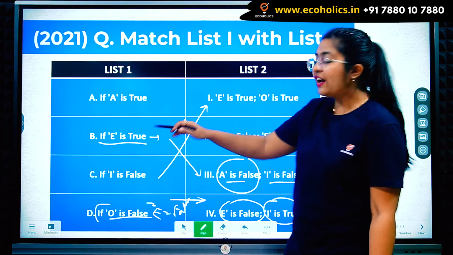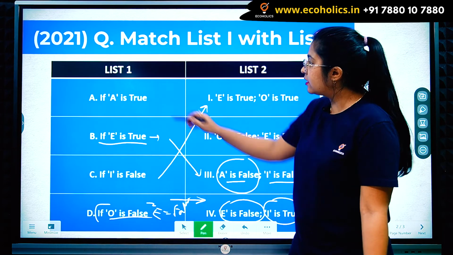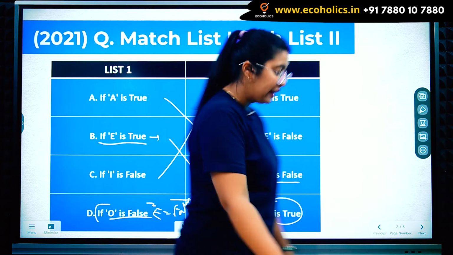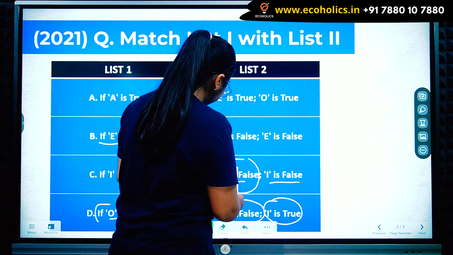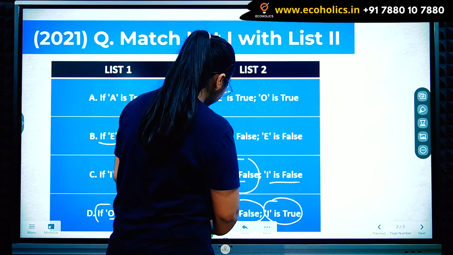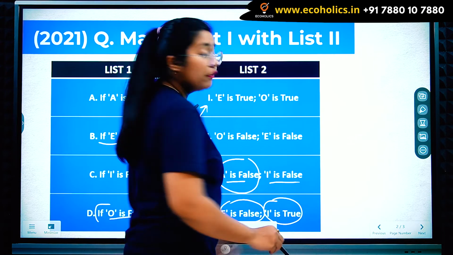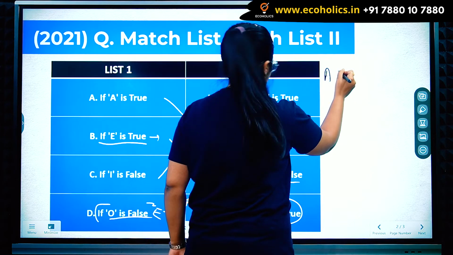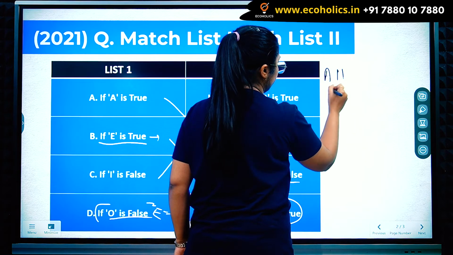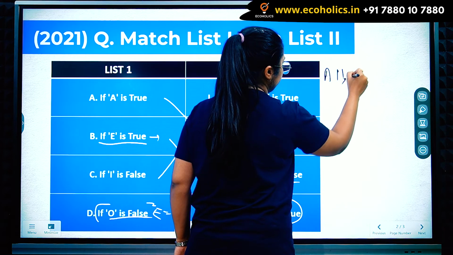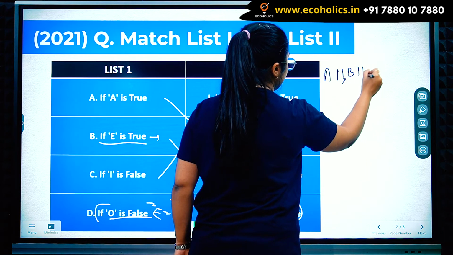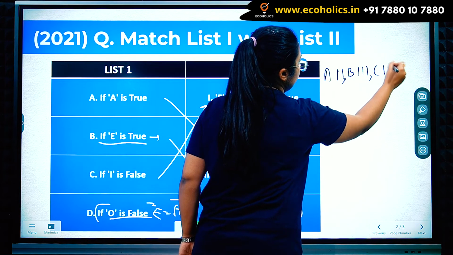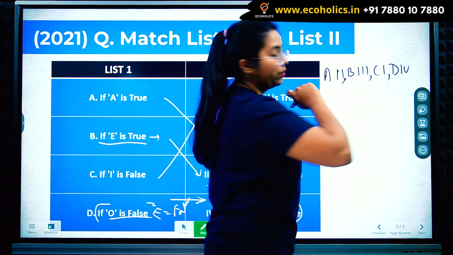And now that we know all the others, we can say that A has the correct option of 2. So finally, to clarify, the correct options for this question are: A is 2, B is 3, C is 1 and D is 4.